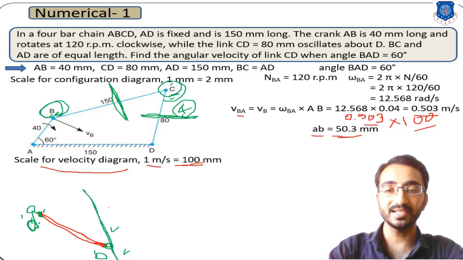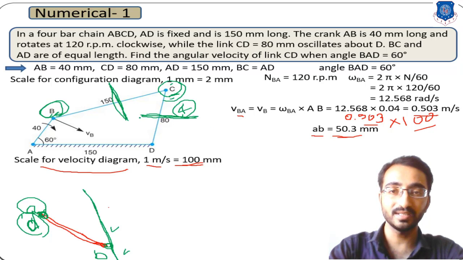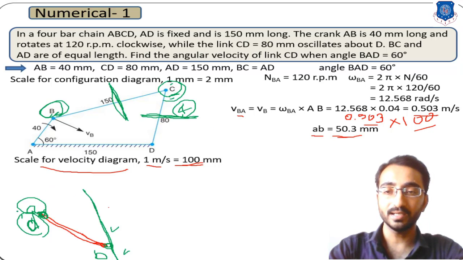Now in this velocity diagram you have point A and point D. So if you want to sketch the velocity of link CD, then it must pass through point D. So you have to sketch in such a way that this horizontal line, which is perpendicular to CD, is sketched in this way.